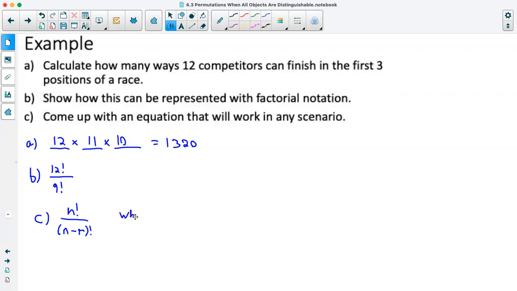So with this, we'll add that n is the total amount of objects and r is the amount chosen.